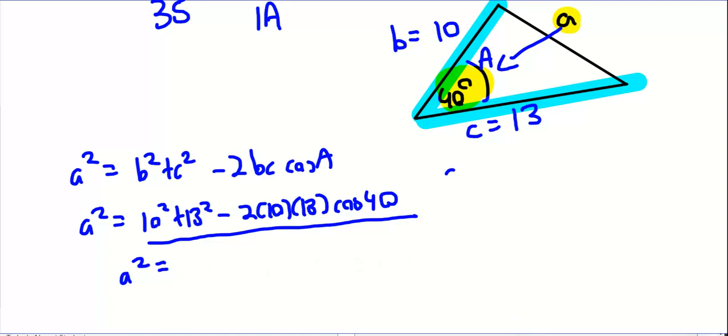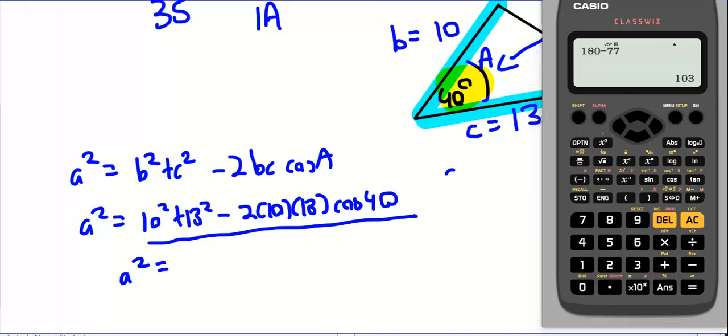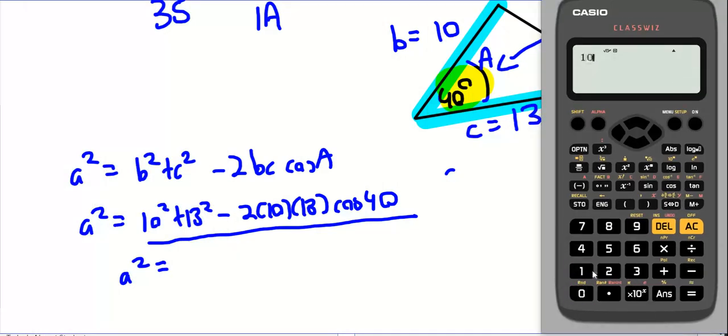So what do we get here? I'm going to put it all in the calculator in one go. I'm allowed to do that. Did you do that all in one go, Luke? Excellent.